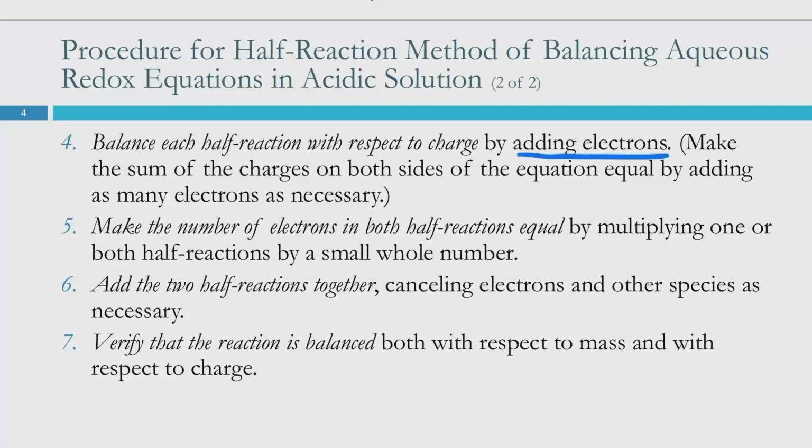What charge does an electron have? -1 or 1 minus. So we're adding negative charges, so we have to bring down the bigger charge. So whichever side is more positive, we're going to bring that charge down by adding electrons to that side.